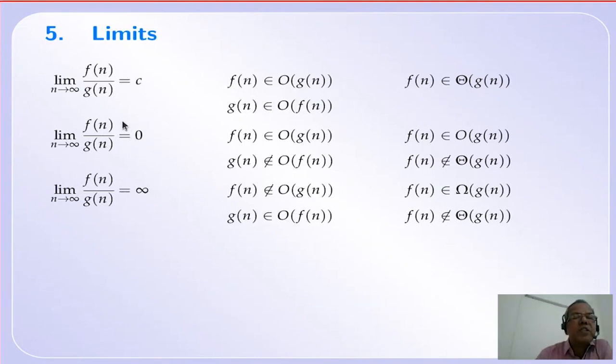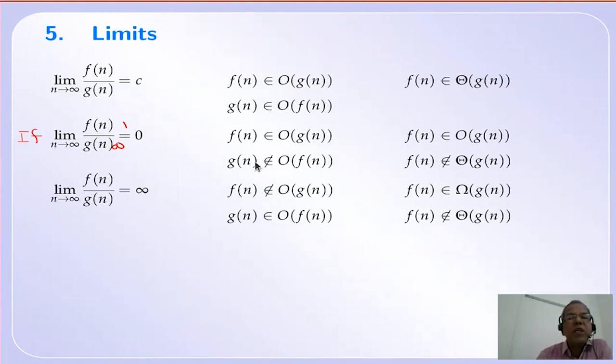Only if this is something like this is 1 and this is infinity, 1 by infinity will be 0. Therefore, g of n is growing faster than f of n. Therefore, we say if the limit of f of n over g of n as n tends to infinity is equal to 0, f of n is big O of g of n.